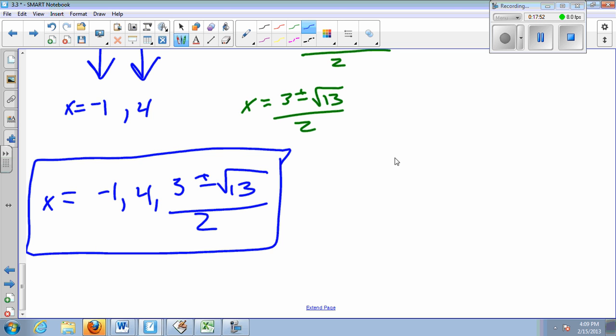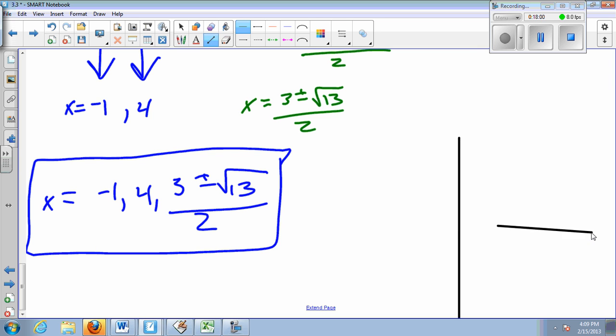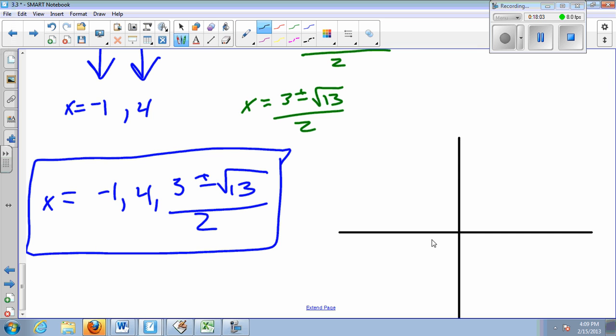If we were to use this to graph, we see negative 1, 4, and we use a calculator to approximate where those points lie.